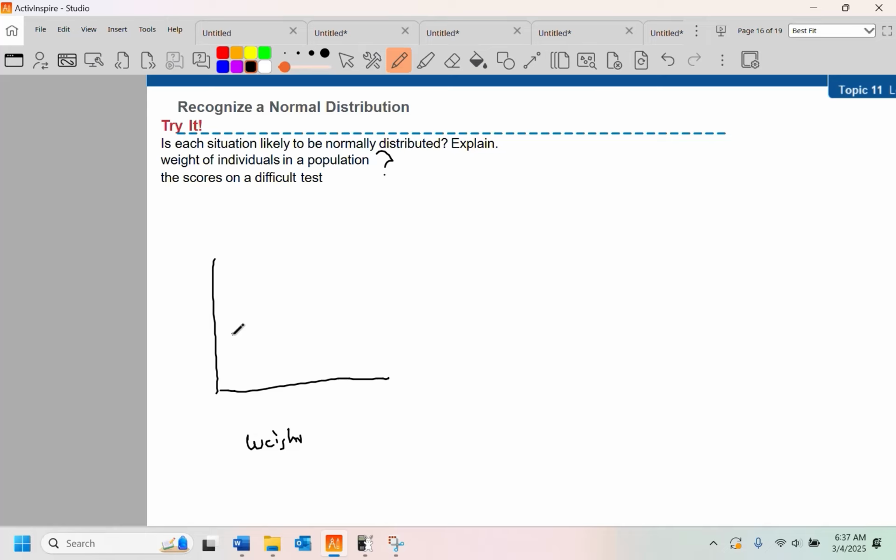If we include children and such, that's one thing, but let's say we've got 20 pounds, 40, 60, 80, 100, 120, 140, 160, 180, 200, 220, and then just so forth.